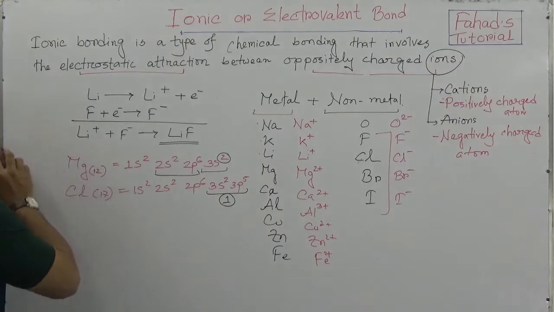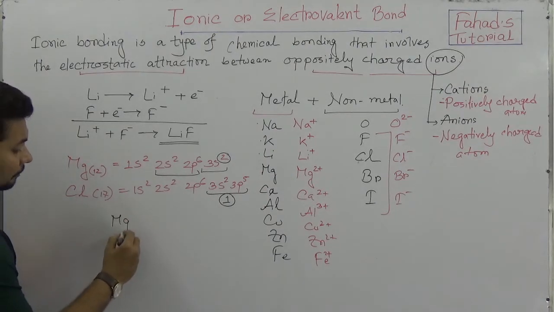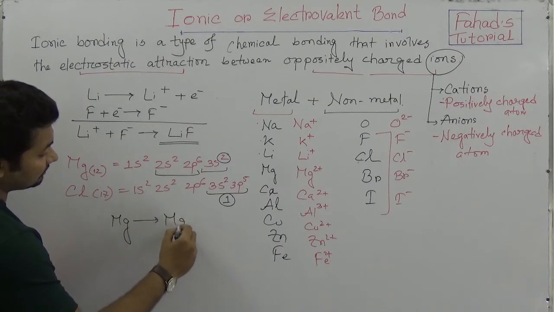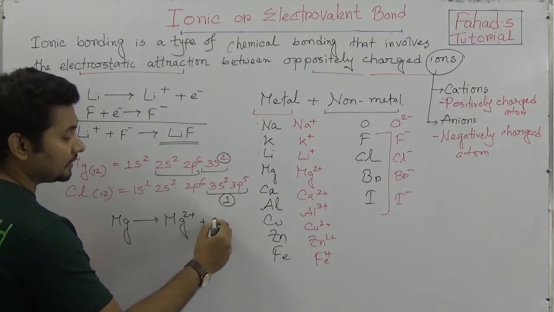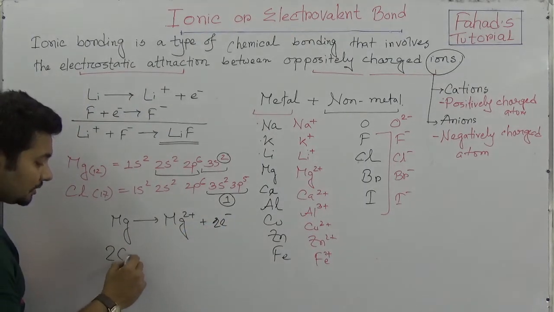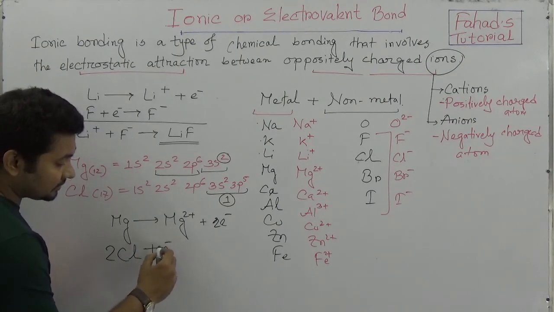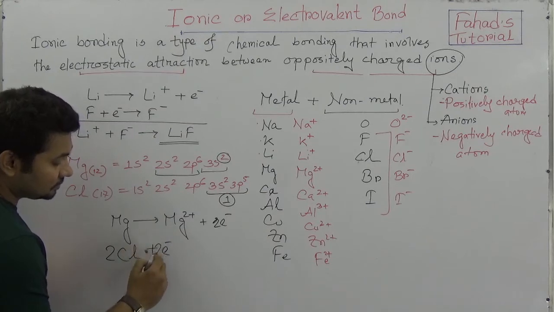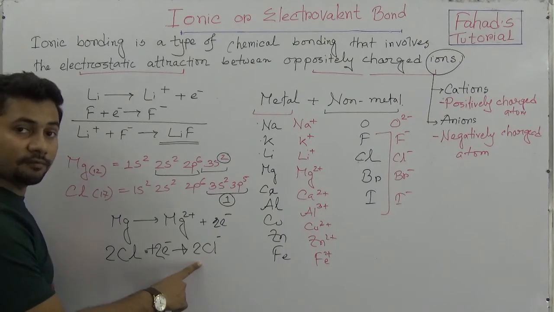Like we can say that magnesium will be magnesium 2 plus by donating 2 electrons, and 2 chlorines will be required to accept these 2 electrons, and then 2 chloride ions will form.